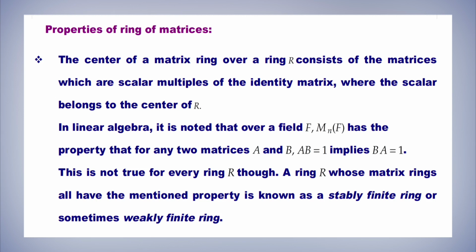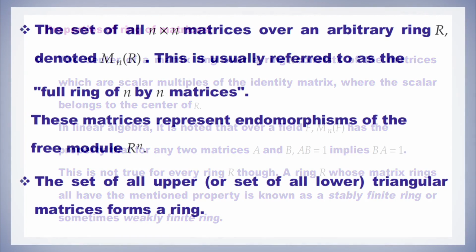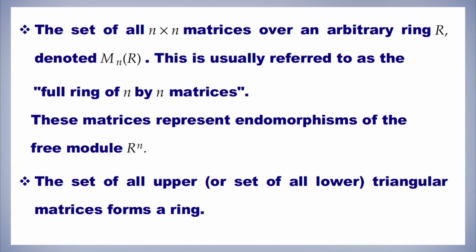A ring R whose matrix rings all have the mentioned property is known as a stably finite ring, or sometimes weakly finite ring. The set of all n by n matrices over an arbitrary ring is denoted by Mn(R). This is usually referred to as the full ring of n by n matrices. These matrices represent endomorphisms of the free module R^n. The set of all upper or lower triangular matrices over a ring also forms a ring.